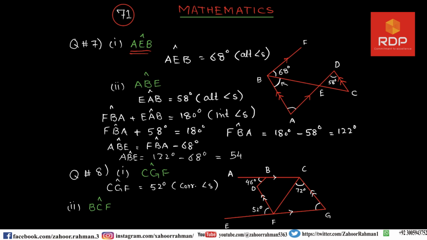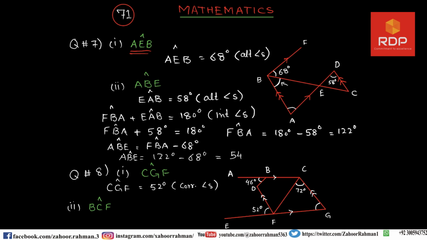Because these are the two parallel lines, and you have to consider this one as the transversal line, this will be equal to this due to the corresponding angles, and here it is 52, so we wrote it, and that's it.